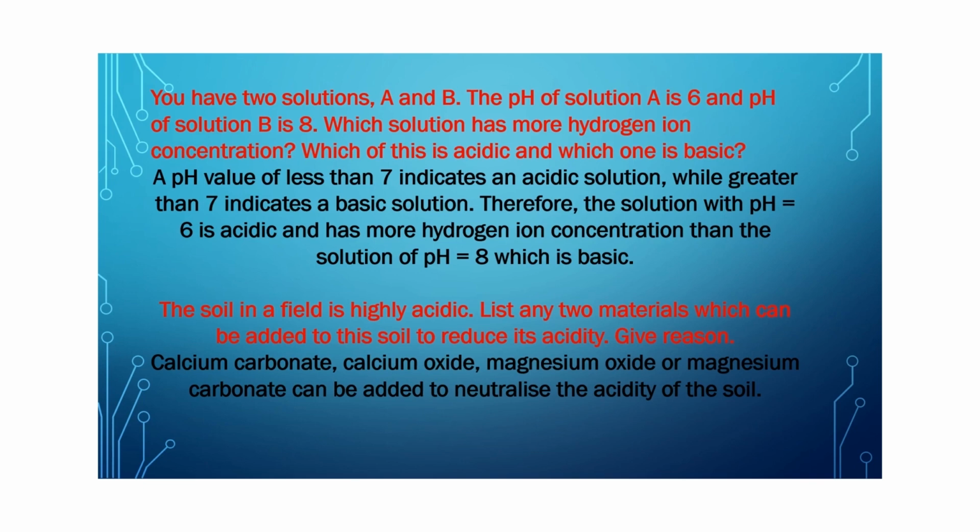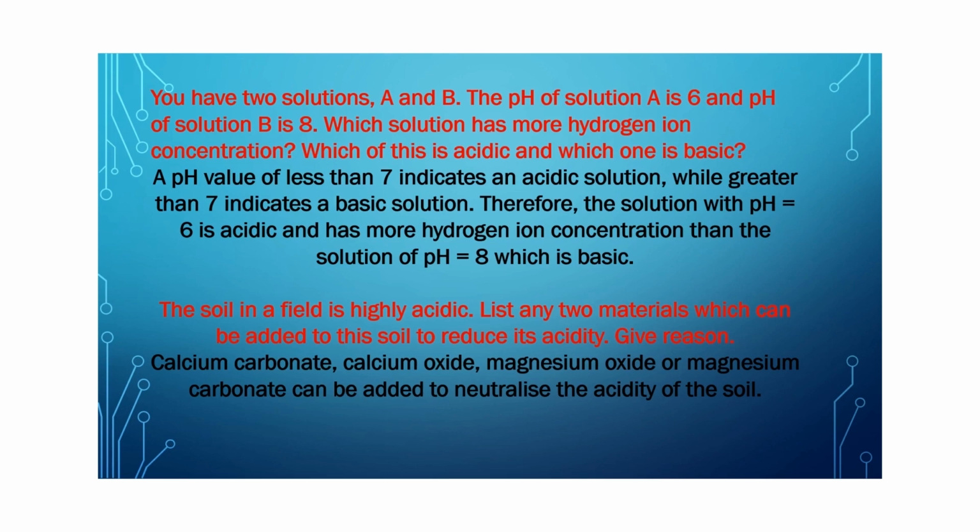A pH value of less than 7 indicates an acidic condition and a pH value of more than 7 indicates a basic condition, right? So the solution with a pH of 6 is acidic and it has more hydrogen ion concentration, and the solution with pH 8 will be basic, right?